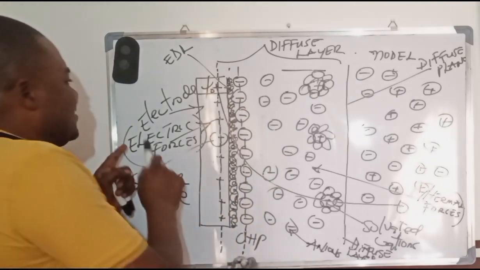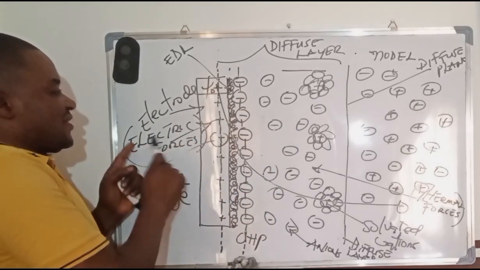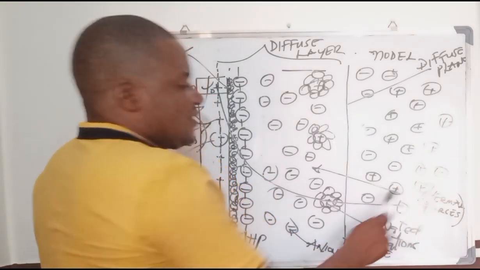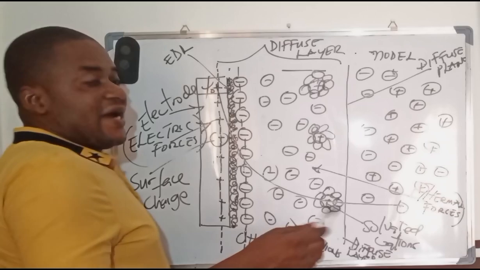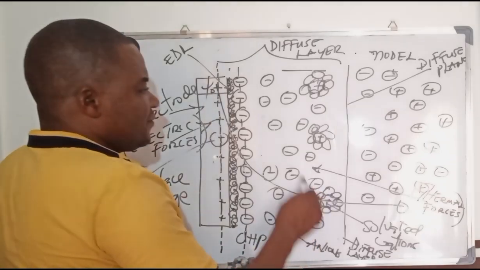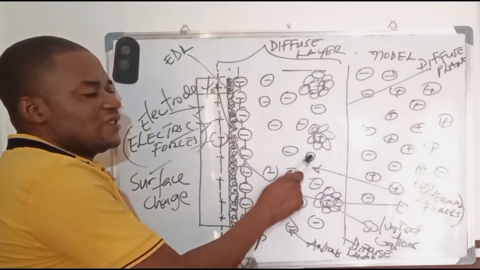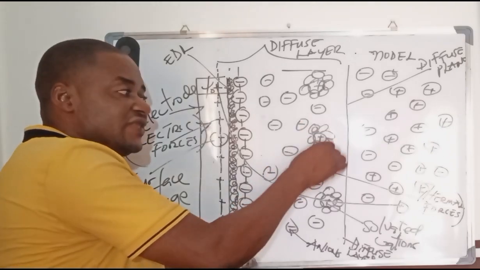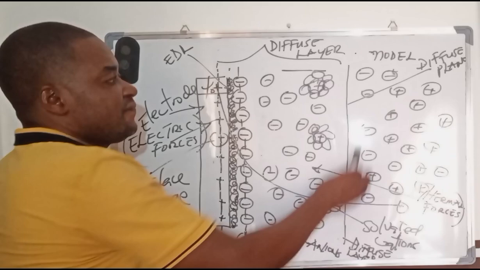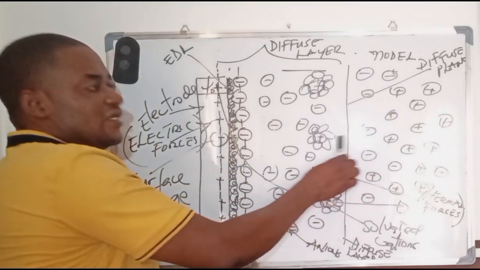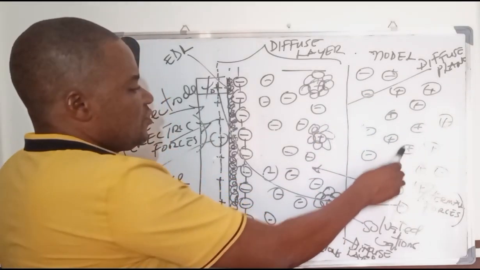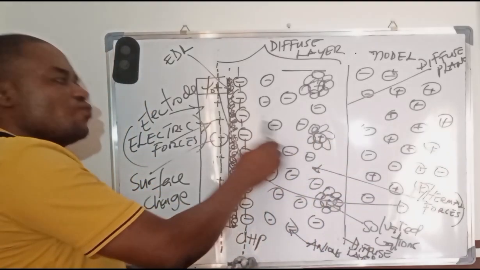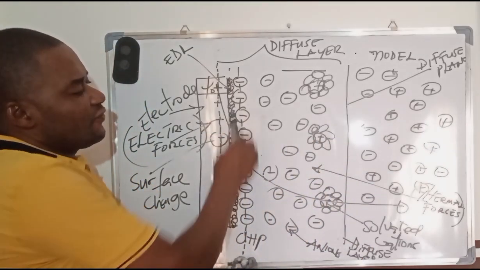Four, because the electrode possesses electric forces and the solution possesses thermal forces, there is always agitation by thermal forces on these counterions, by the charges of the solution, thereby allowing those counterions to diffuse away from their counterpart, which are the solvated cations, into the diffuse layer, where they can now come up to do what?